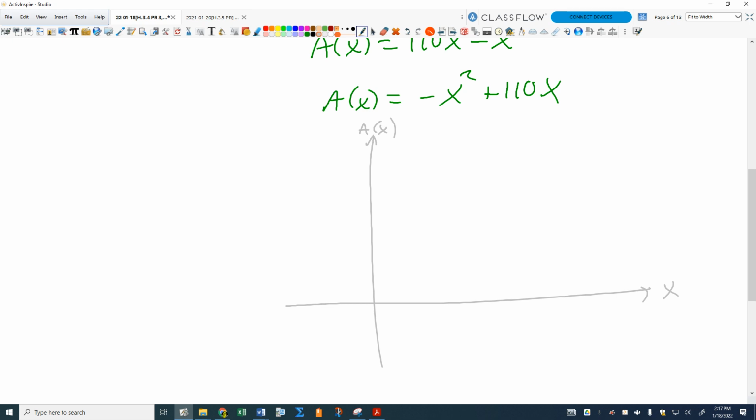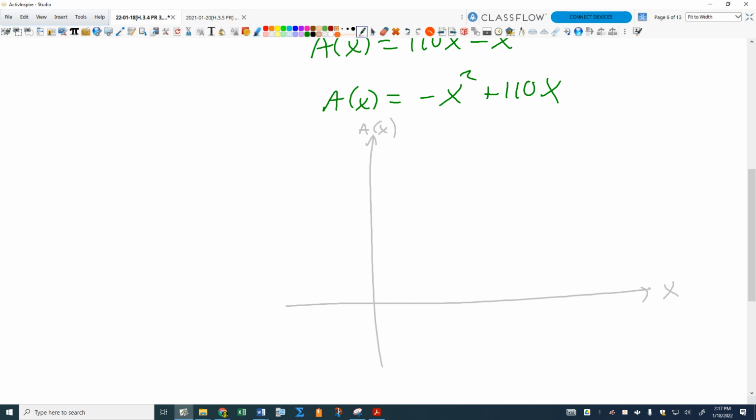That's just equivalent to saying, if we were to think about this in the context of what we were doing last week, before we were doing these applications, f of x, or y, equals negative x squared plus 110x. Just generally speaking, what are some characteristics of that parabola? We know any quadratic function graphs as a parabola.